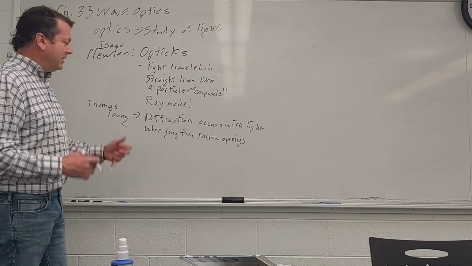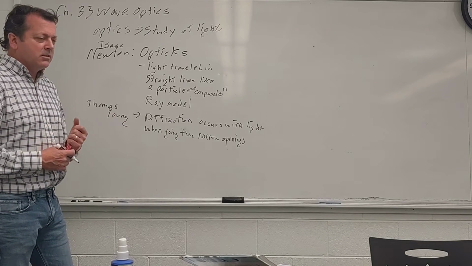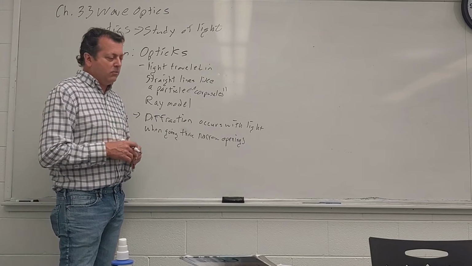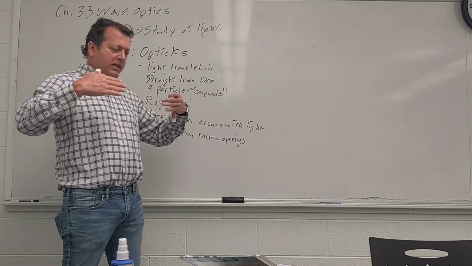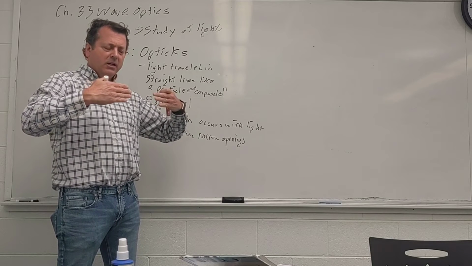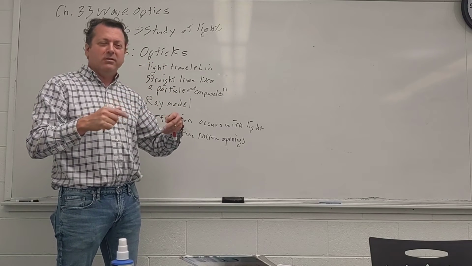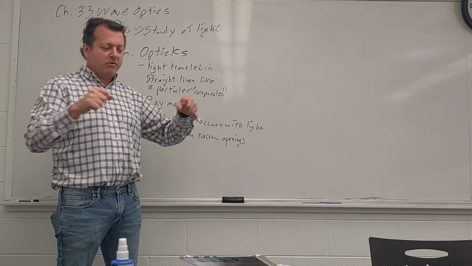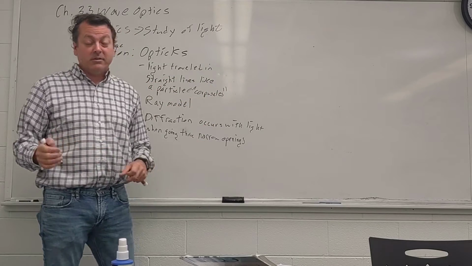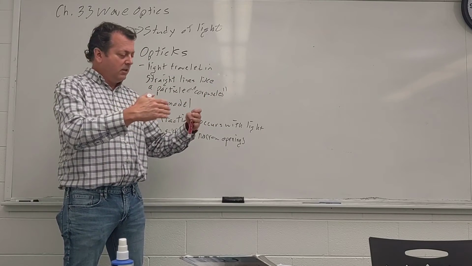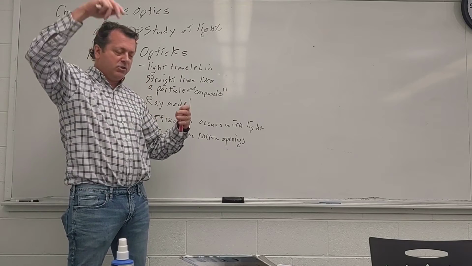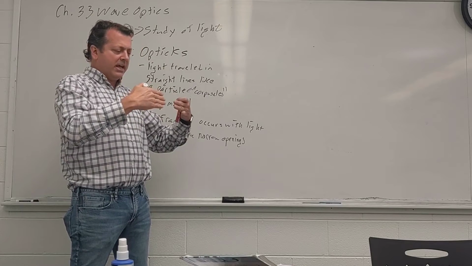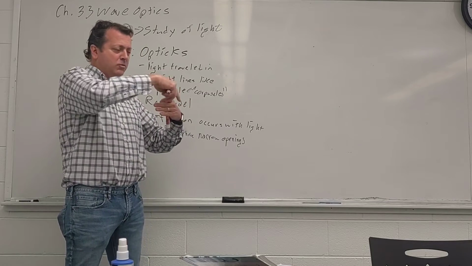So, how did he explain it? Well, he looked at some of the work Huygens had done with waves. With waves, you can see that if you take a wave through a small opening, like water going through canals, like the Panama Canal, it would spread out.